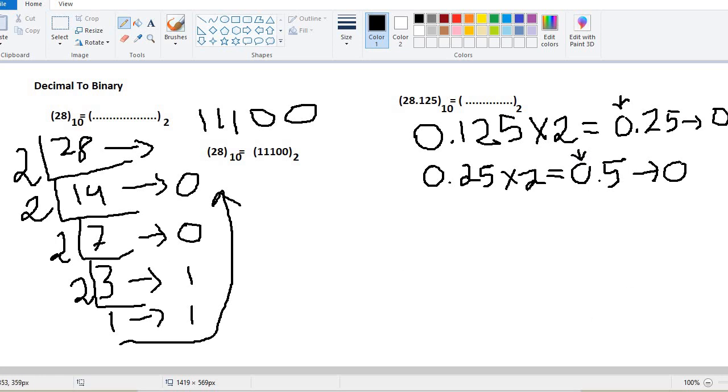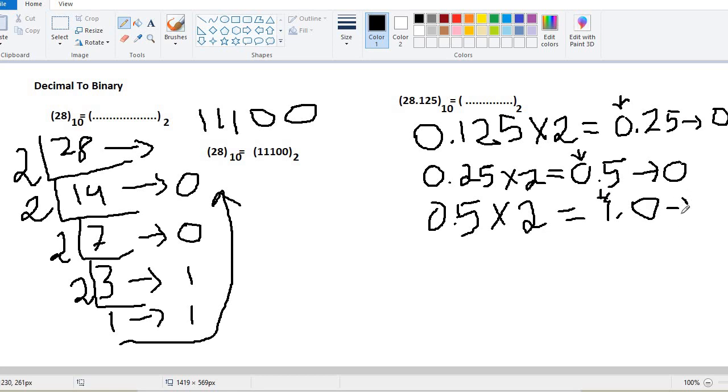Now again multiply 0.5 by 2. What do we get? We get 1.0. So before the decimal what we have? We have 1.